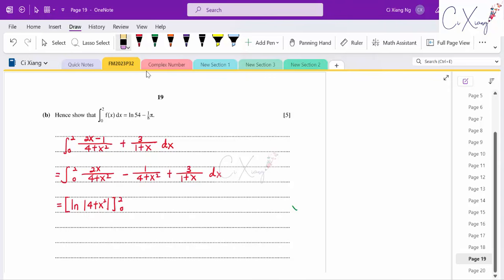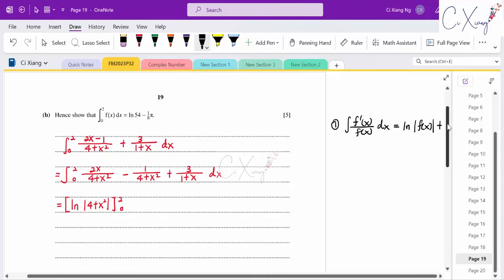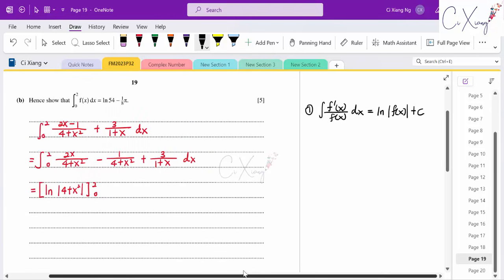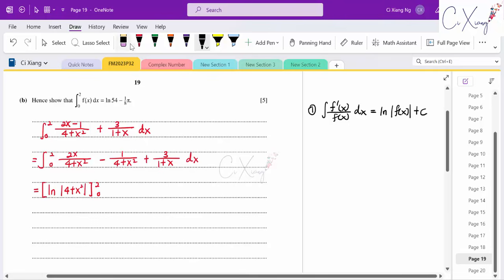If not, you'll get a math error. Okay, so the first formula that we are using is when you want to integrate f prime x over fx, then basically we are getting ln fx plus c. Alright, then next one. For the next term, 1 over 4 plus x squared.